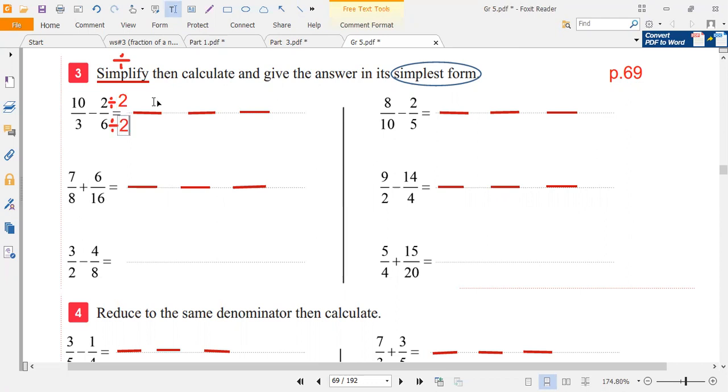The first fraction does not change, so we write 10 thirds. We have minus. The second fraction will be 1/3.